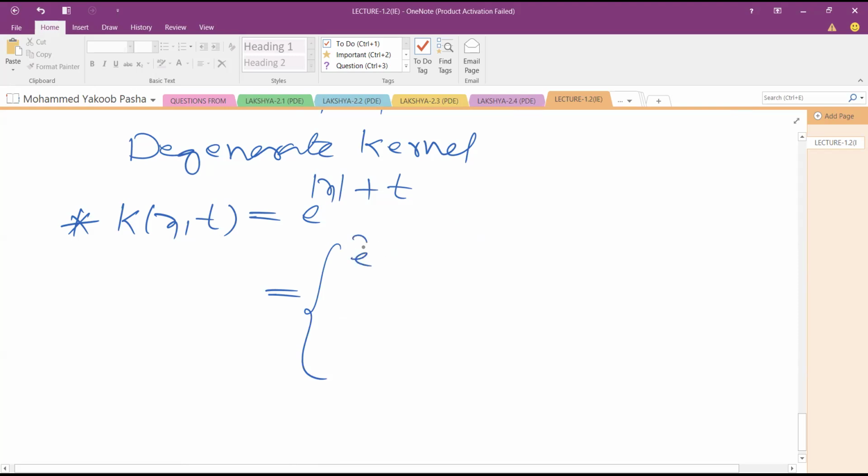The first one is e power x plus t, with the condition x is greater than or equal to 0. The second one is e to the power of minus x plus t, where x is less than 0. Now is it degenerate or not?